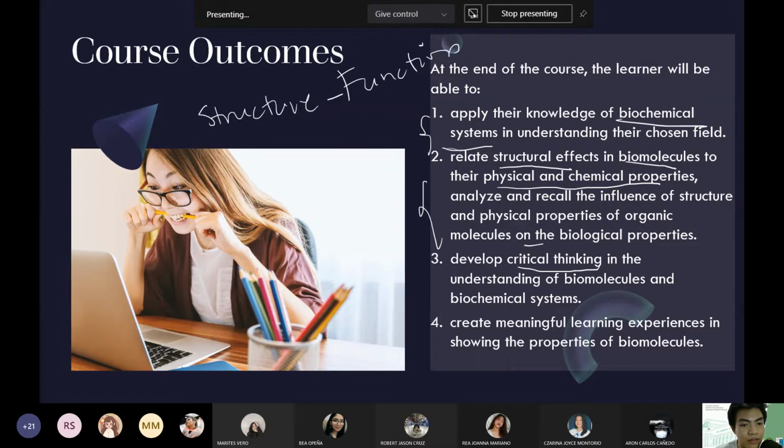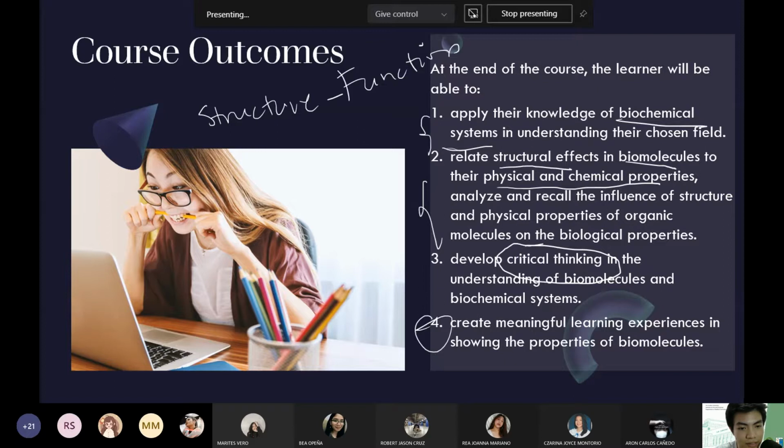Pero I want you to develop these critical thinking skills, especially kapag kayo ay magiging doctor in the future. Kailangan yung doktor, magaling mag-isip yan. Kasi baka mamaya, hindi nyo pa rin alam, bakit nga ba ganyan? So medyo red flag yan. So hopefully, as early as now, we develop critical thinking skills in relating all our working knowledge para once na maging doctor kayo, you will be excellent in your field.